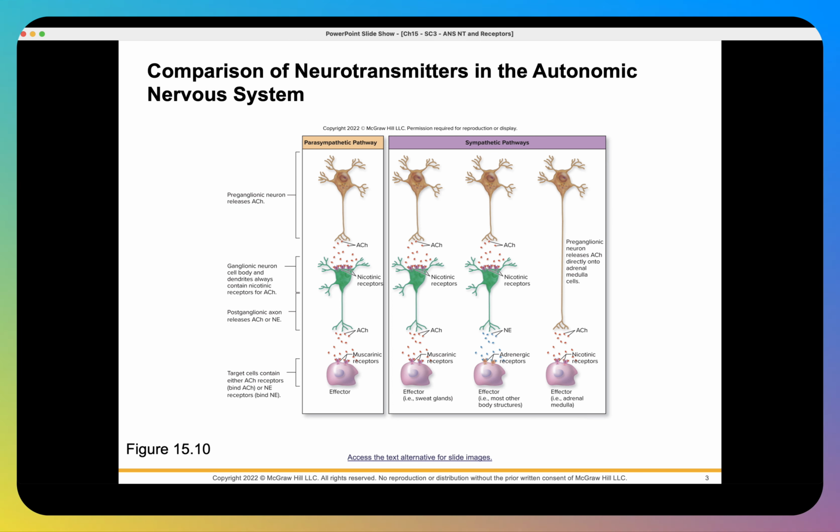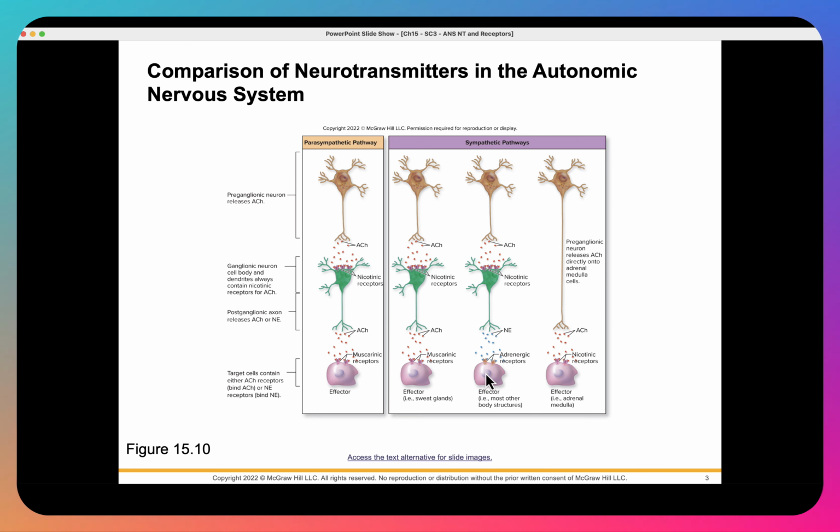I do want to put emphasis on the middle pathway because this is going to be the most common. Note the postganglionic neuron. It is not cholinergic. It is adrenergic because it's releasing norepinephrine. And we're going to see that norepinephrine binds to adrenergic receptors on the target.